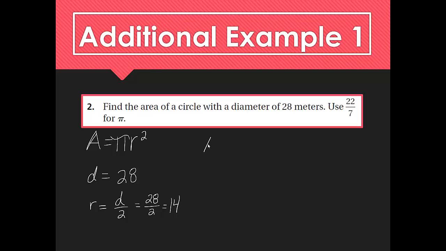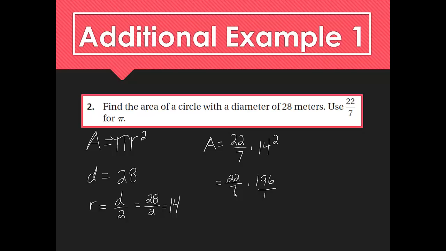So our area is going to equal 22/7 times 14 squared. 14 squared is equal to 196. So we're going to have 22/7 times 196.